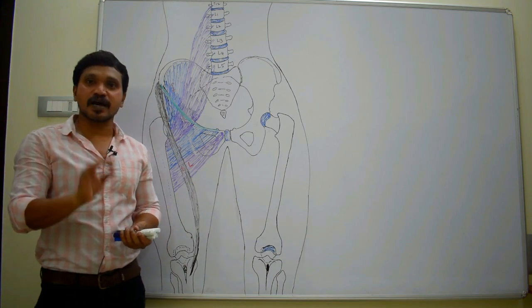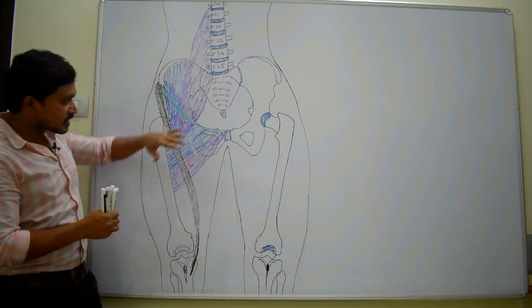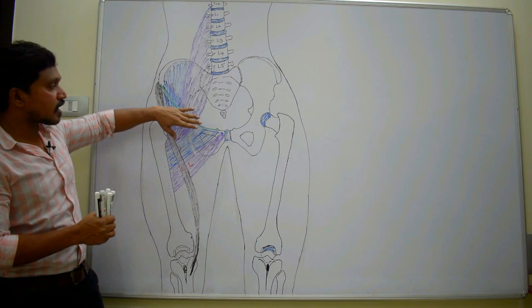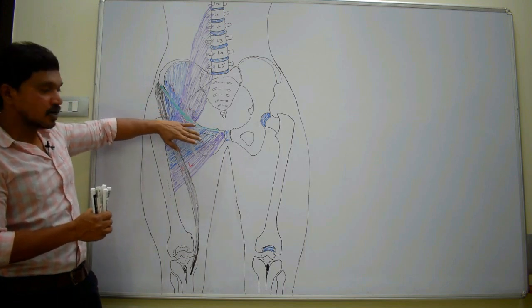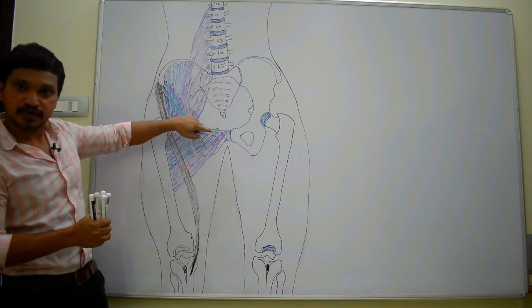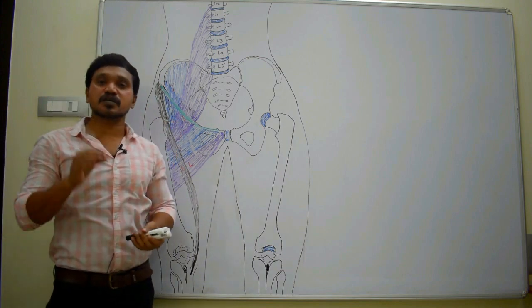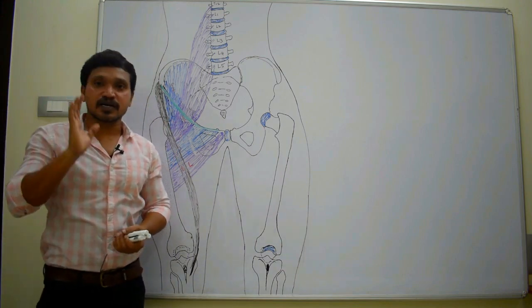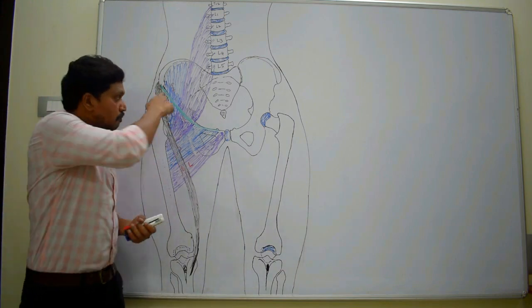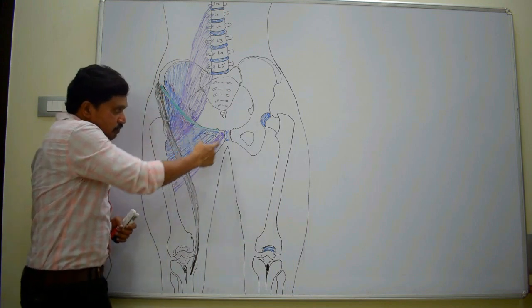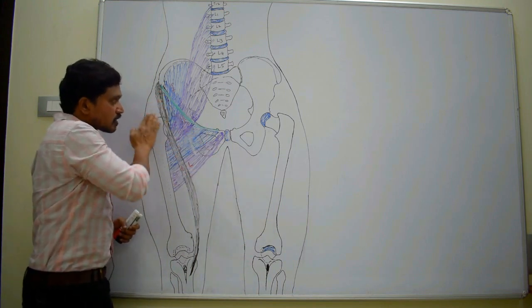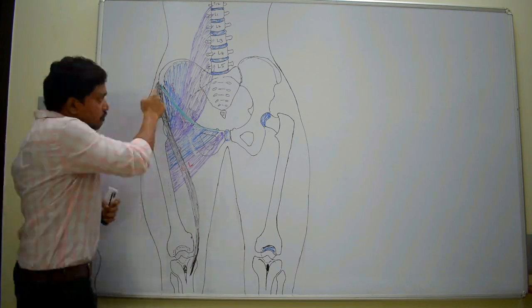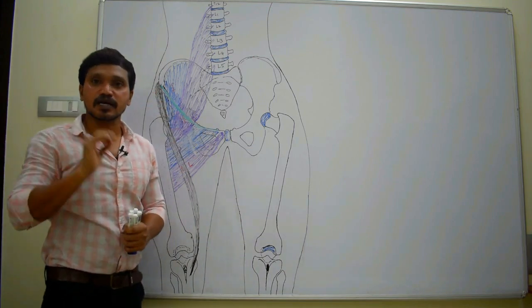So femoral triangle is nothing but a triangular depression present in the upper 1/3 of the thigh below the inguinal ligament. This triangular shaped depression what we are calling femoral triangle. It is having base, apex, medial boundary, lateral boundary, roof and floor. Base is formed by inguinal ligament.